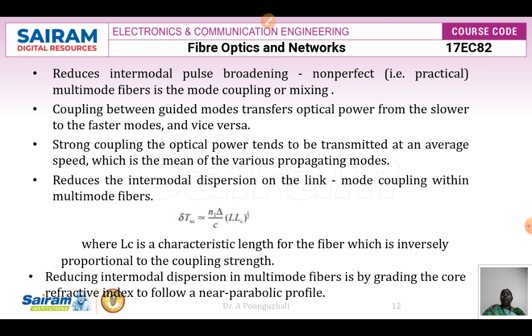The intermodal dispersion in multimode fiber can also be reduced by grading the core refractive index. That is, the core refractive index should have a parabolic profile. If it has a parabolic profile variation in the refractive index, then we can reduce the intermodal dispersion. Thank you.